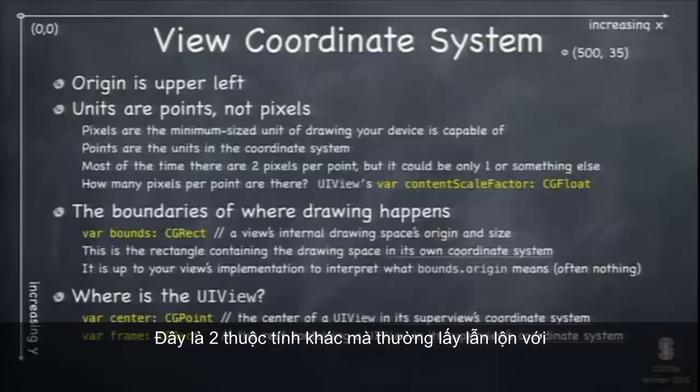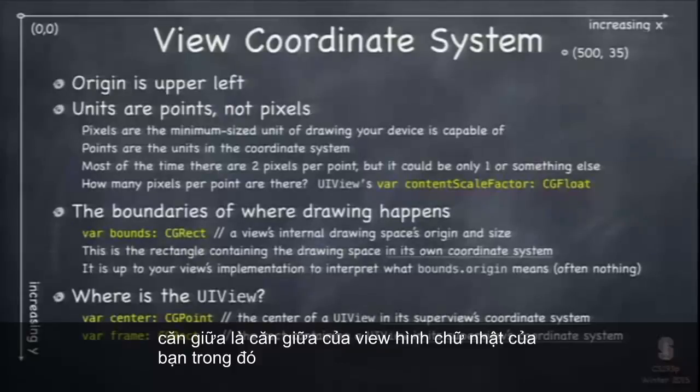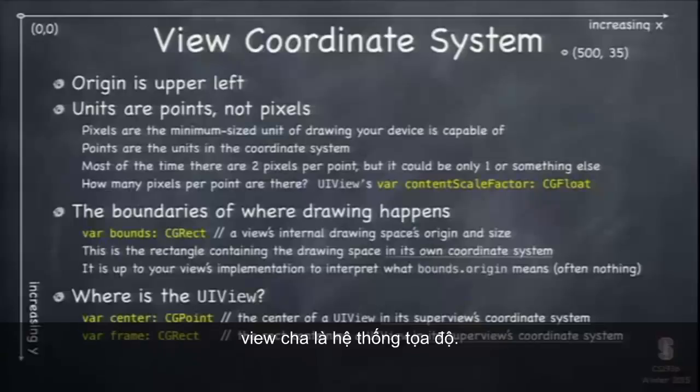There are two other properties that often get confused with bounds, but don't let this happen to you. One is center. Center is the center of your view rectangle in your super view's coordinate system, not in yours. So if you write code that says, oh, I'm going to start drawing something in the middle of my rectangle, I'll get center, that's wrong, okay?